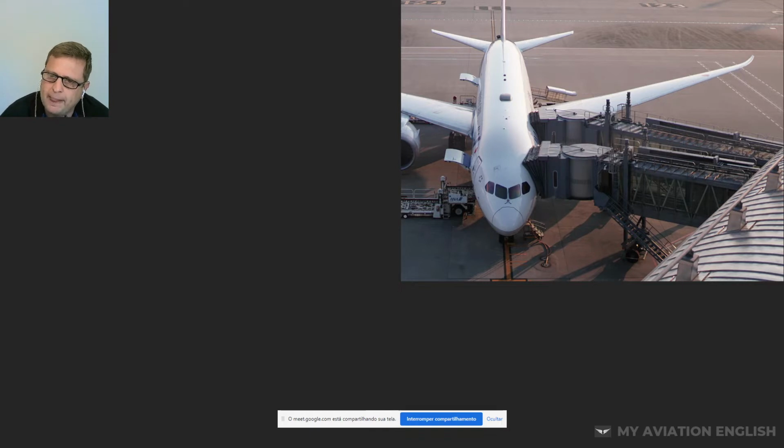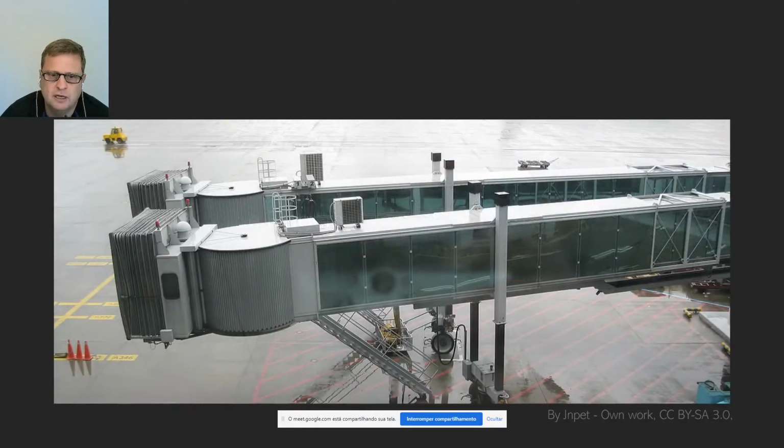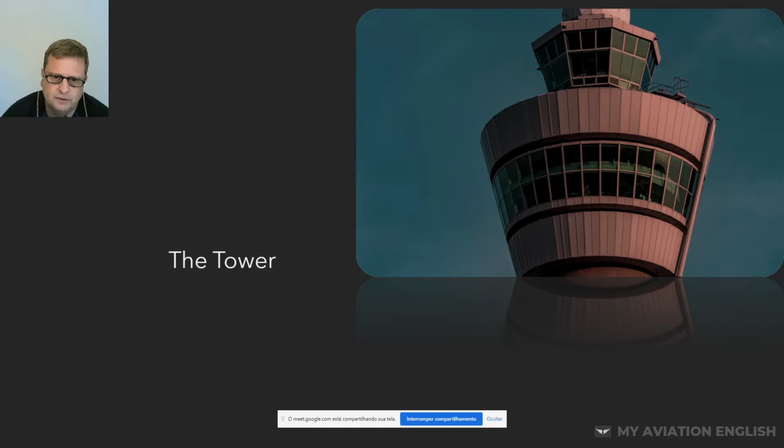This is fingers or jet bridge. Jet bridge, a ponte do jato. So we have here the jet bridge, and here the tower.